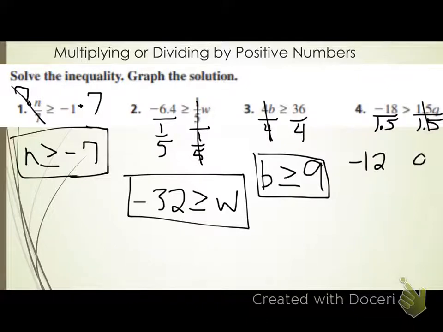I'm left with Q on the right hand side. Does my symbol flip or stay the same? Stays the same. Questions on 4? Questions on 1 through 4? We getting it? Okay. Can I move on?